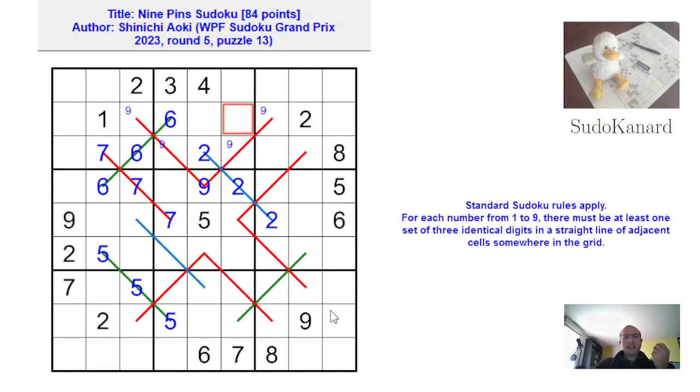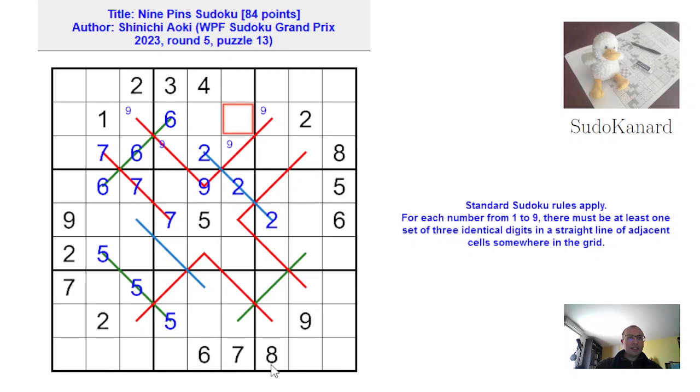So the remaining digits, which are 1, 3, 4, and 8, will have to be placed on this blue, on this red somewhere, on this red somewhere, and on this green.